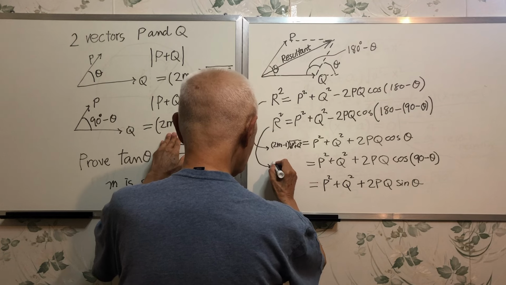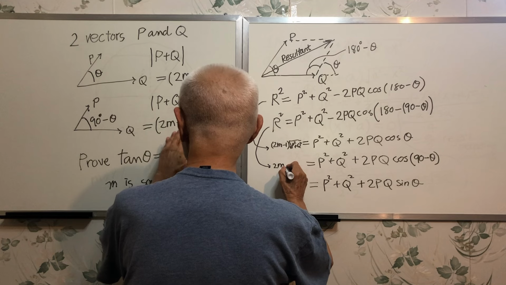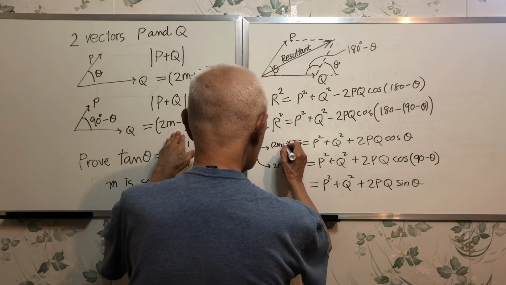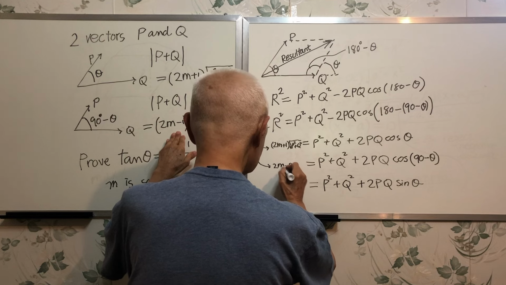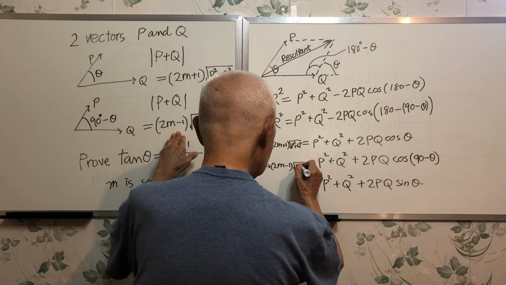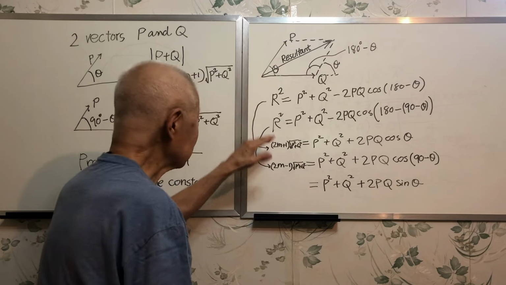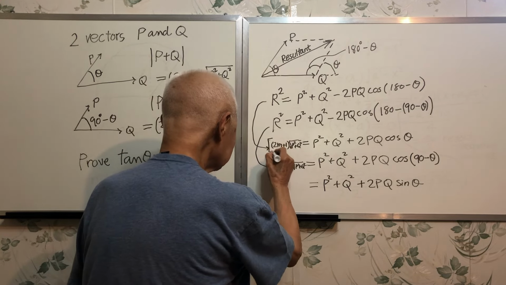And the second case is 2m. Oh, this first case is plus 1. The second case is minus 1. But this part is r squared, so I need to square this.